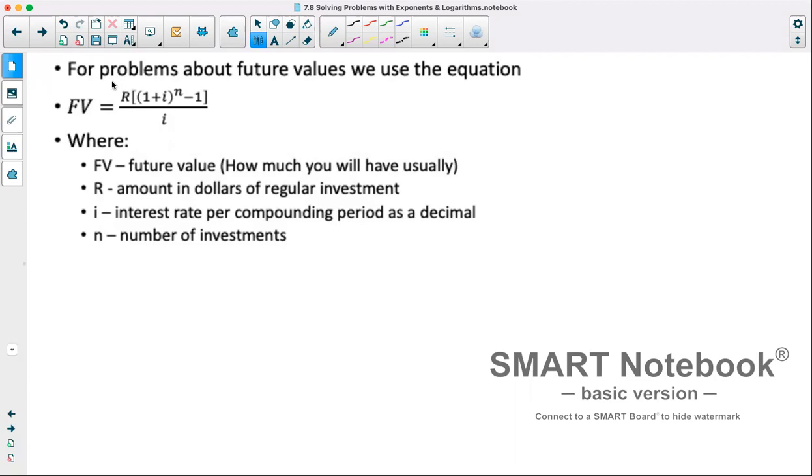So this is for an investment. You're putting in regular payments, where R is how many dollars you're putting in regularly. Then i is our interest rate per compounding period as a decimal. n is our number of investments. And i, once again, is our interest rate per compounding period as a decimal.